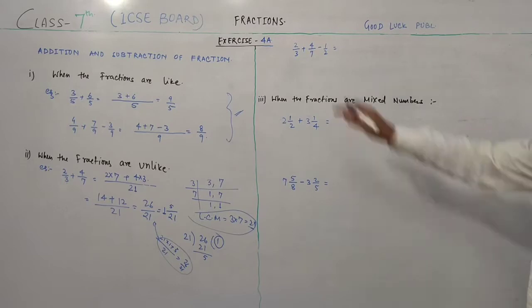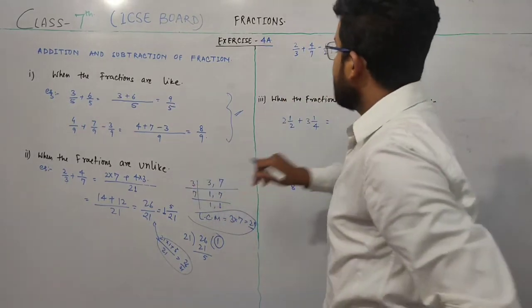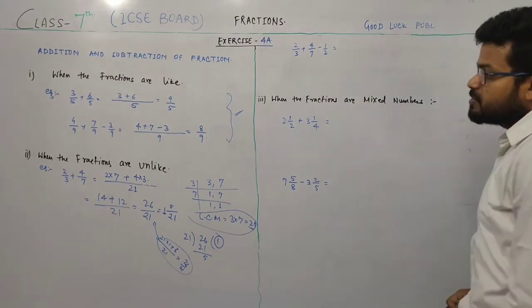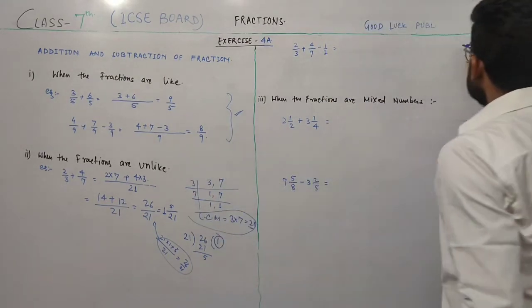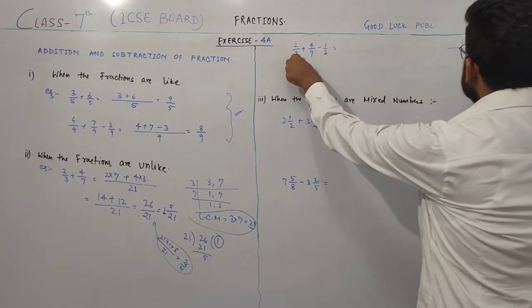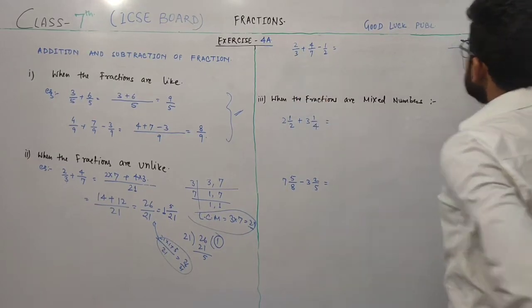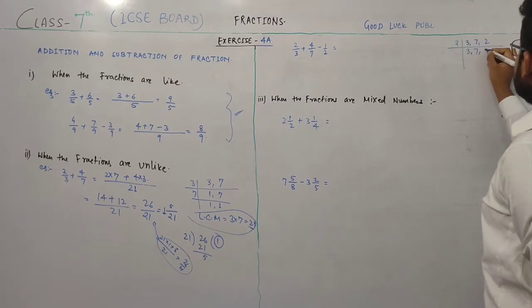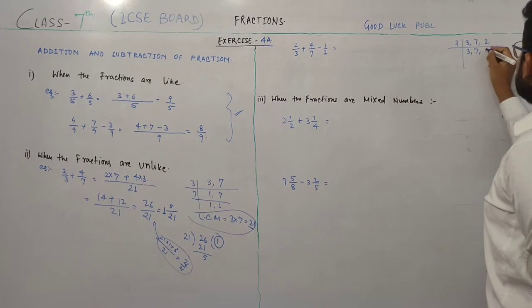Now the next example of unlike fractions is 2 by 3 plus 4 by 7 minus 1 by 2. The first step is to take the LCM of these three numbers which are in the denominator. Here they are 3, 7, 2. Firstly I divide by 2, so 3, 7, 1.